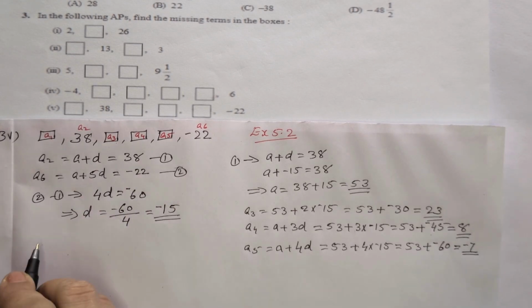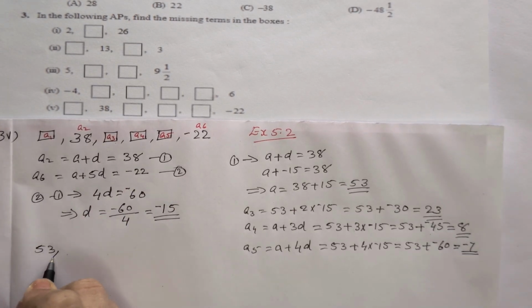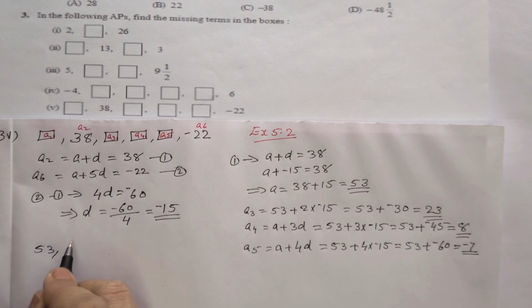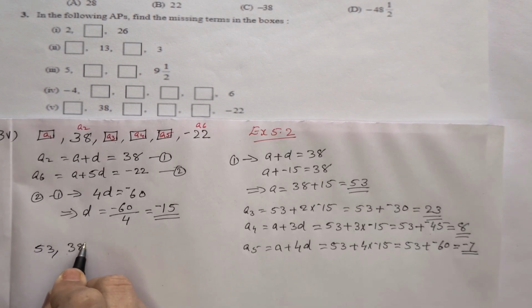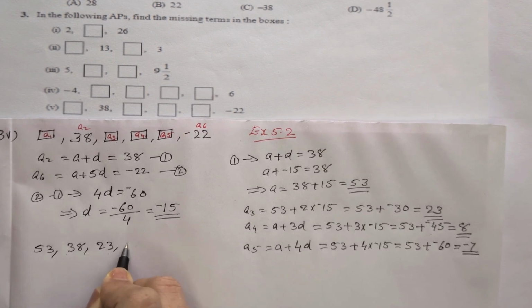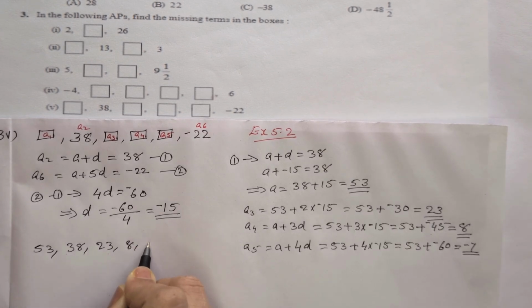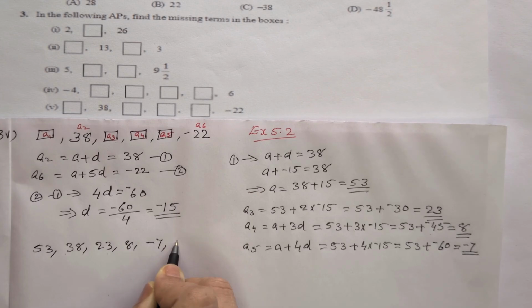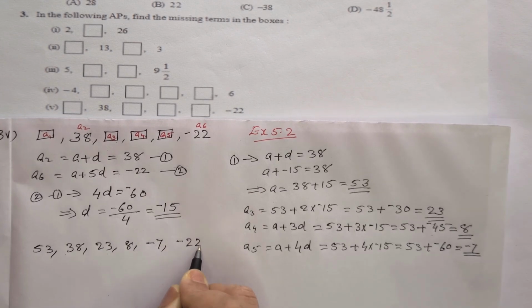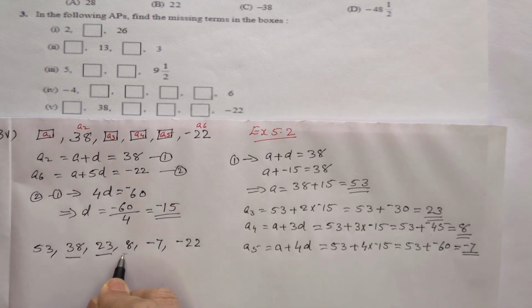Now here we got all the terms. A is 53, then A1 is 53, A2 38, then A3 23, A4 8, A5 minus 7 and A6 minus 22. These are the missing terms.